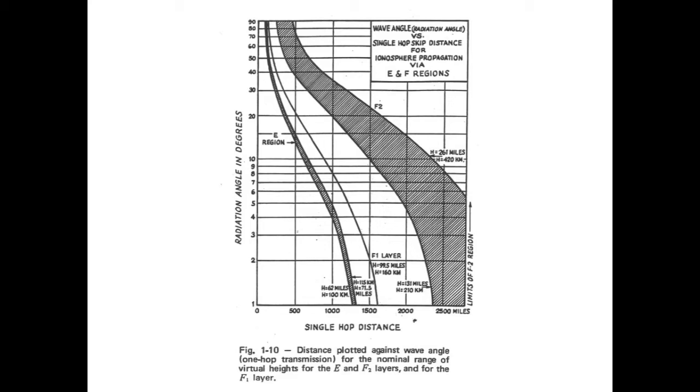Now, one thing that you will notice, and that will happen, is that as the height of the ionosphere changes during your course of communication with somebody, you may find that the signal strength varies up and down.